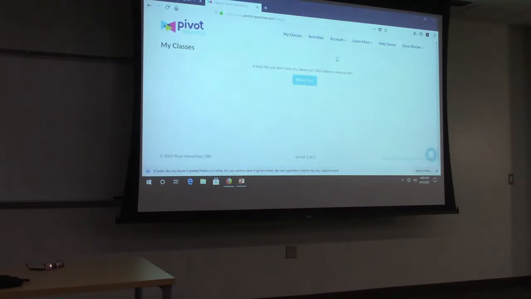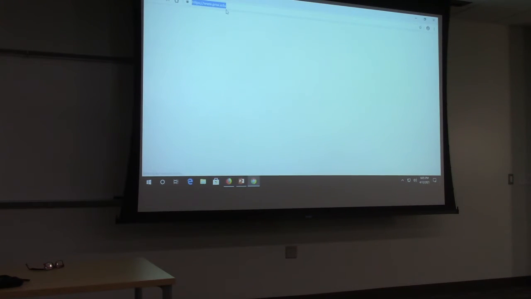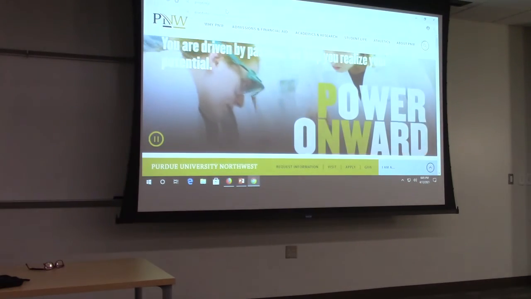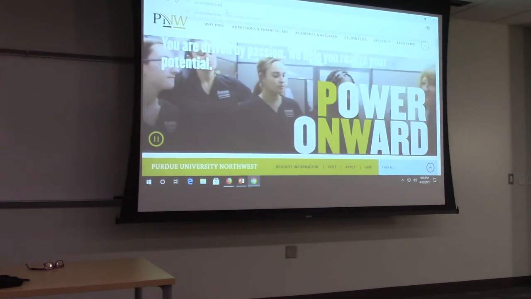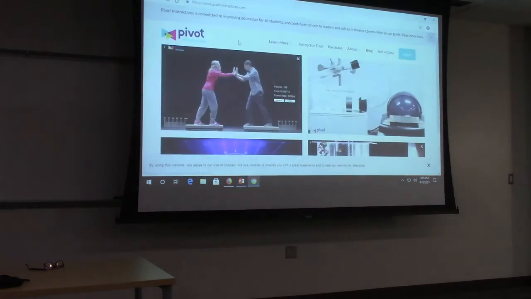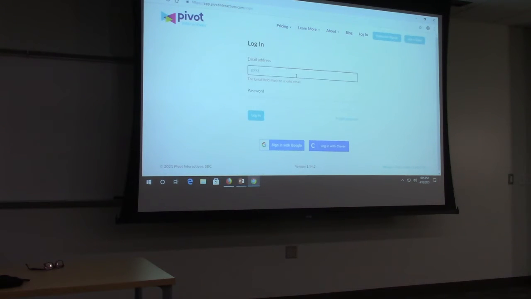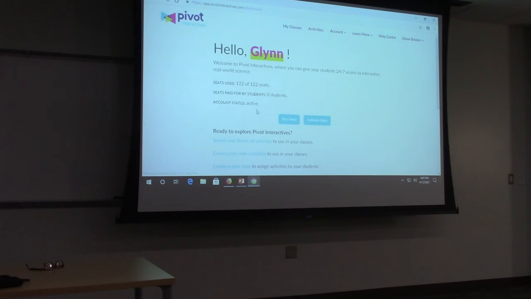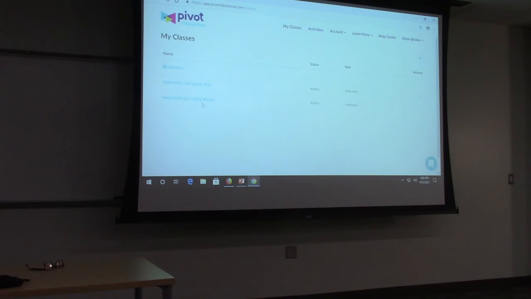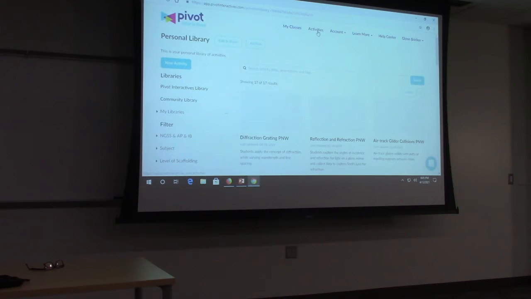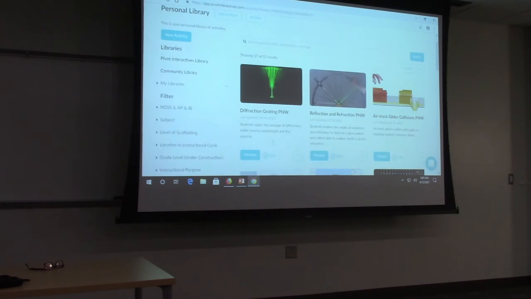I think they haven't updated these browsers in here in a while. It's the diffraction grating experiment. Okay, activities. Preview.